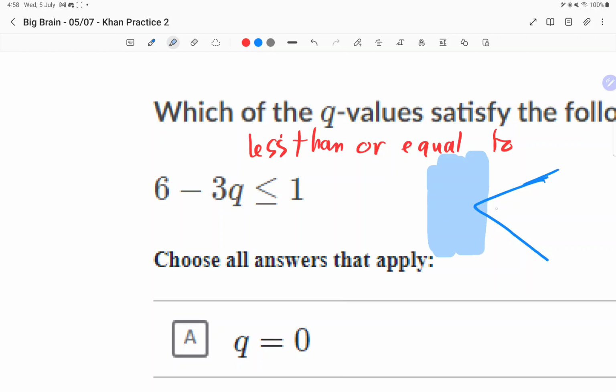And then when you keep going, it becomes bigger, right? So you see smaller becomes bigger. So that means what's on the left is less than what's on the right. Because the left-hand side is smaller than the right-hand side, it's the less than symbol, because you always read left to right.